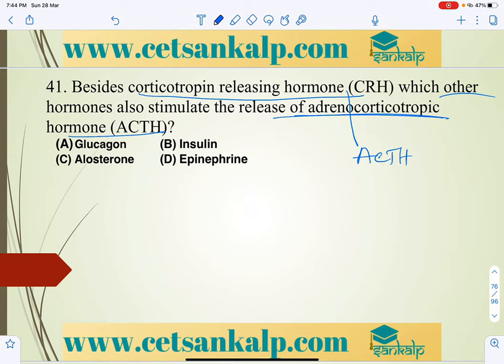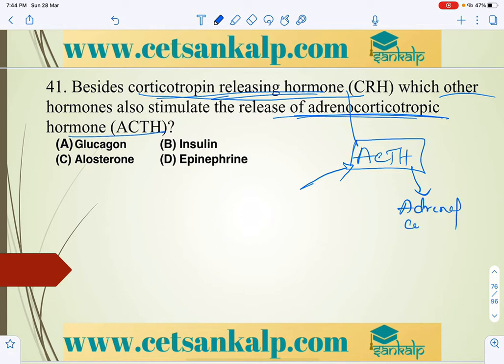Corticotrophin releasing hormone comes from the hypothalamus, but which other hormone stimulates it? ACTH is produced and acts on the adrenal cortex.